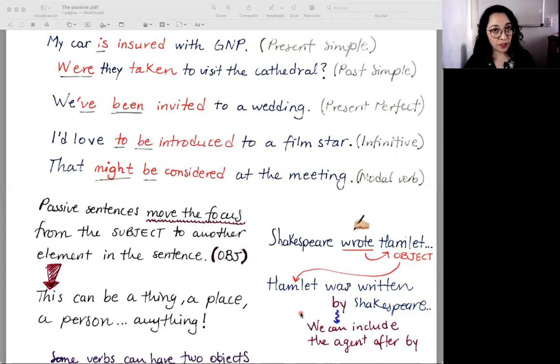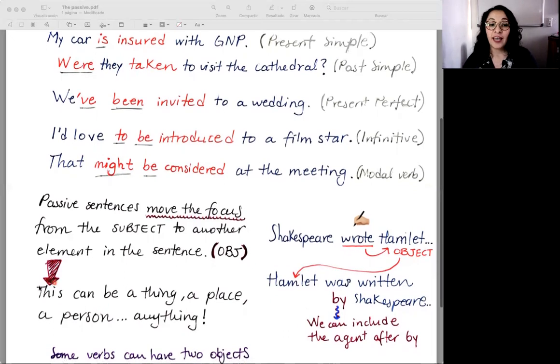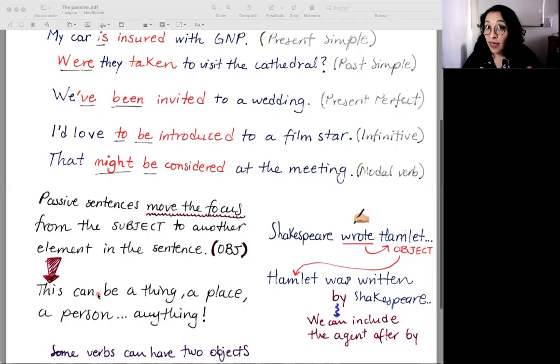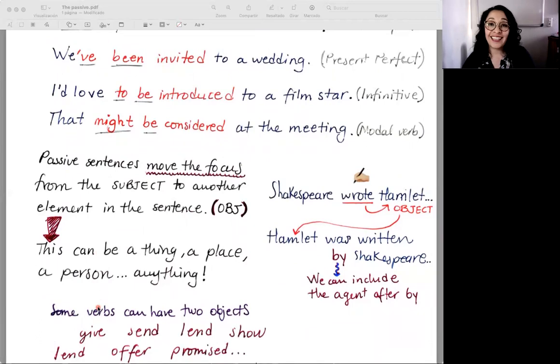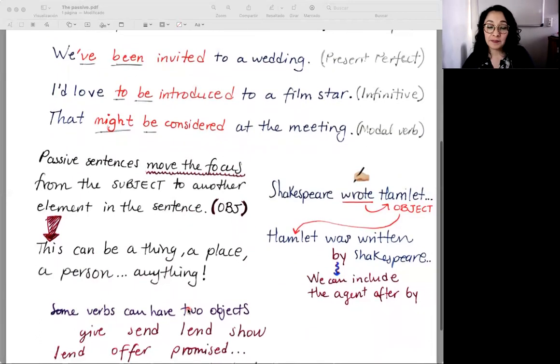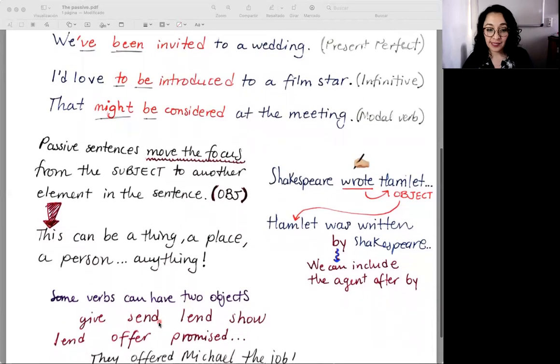Something important about the passive is, as I said here, the object can be a thing, a place, or a person. And some verbs can have two objects. Examples of these verbs are give, send, lend, show, offer, promise.